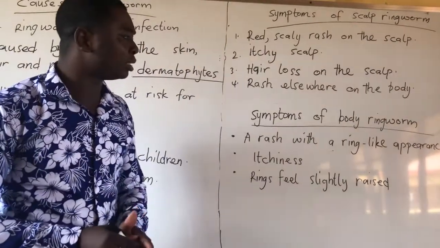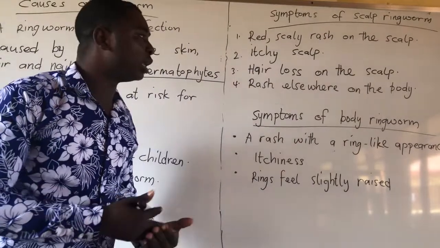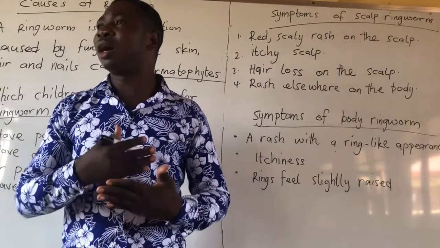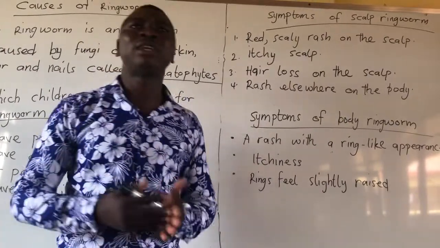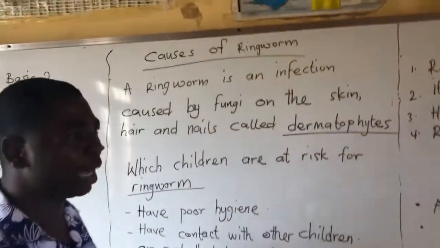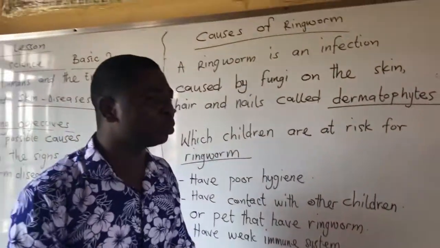To wrap up our lesson, let's talk about some of the main points we have learned. We talked about the main causes of ringworm, and we said that ringworm is caused by fungi. When we say ringworm, it doesn't mean that it's caused by a worm.